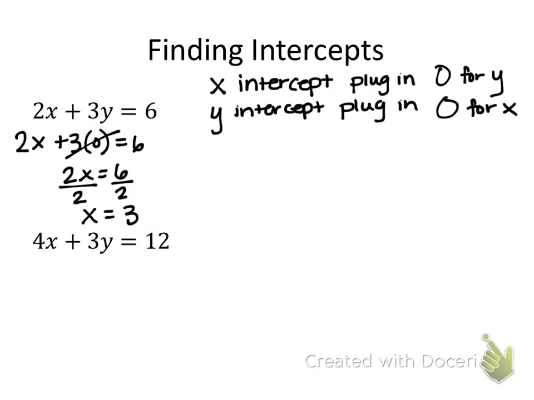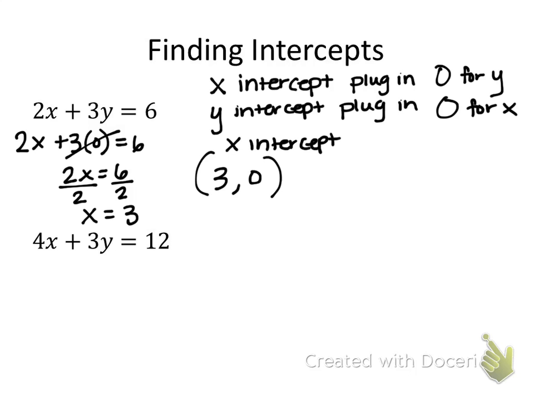That means wherever my line crosses my x-axis is at the 3. My line will go through my x-axis directly at the 3. Okay, so I automatically know when my x is 3, then what did I plug in for y? 0, so I know that value has to be 0. So this is my x-intercept.